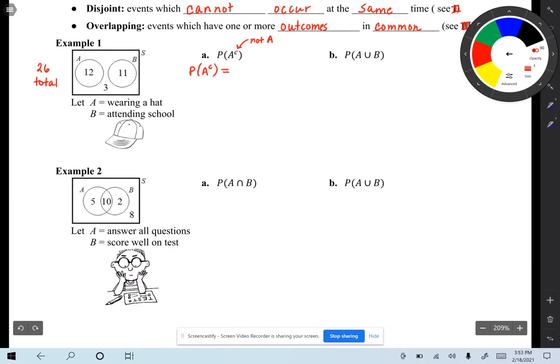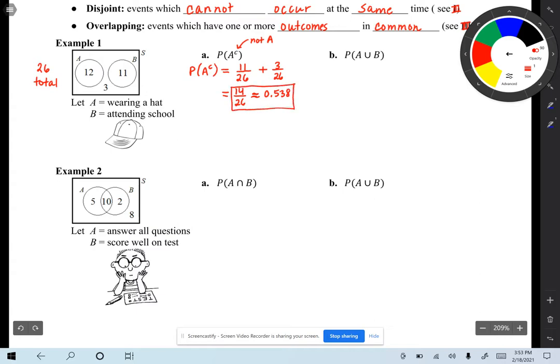Well, if it's not in A, it's everything other than A. So that's the students in B and the ones that are neither A nor B. So add those together and you get 14 out of 26, which as a decimal is about 0.538. And as a percent, that's almost 54%. So that's quite a bit, more than half.